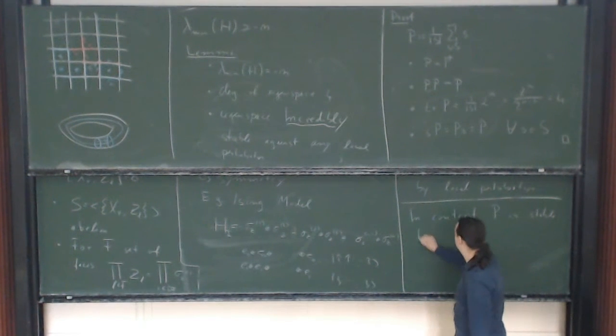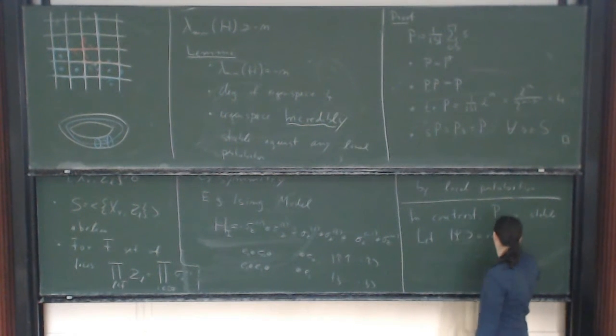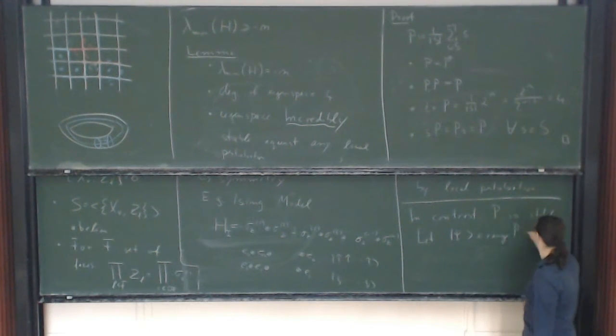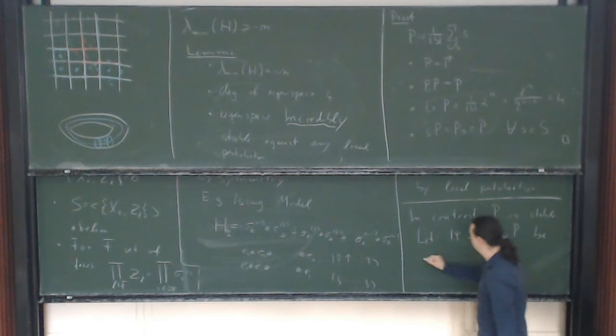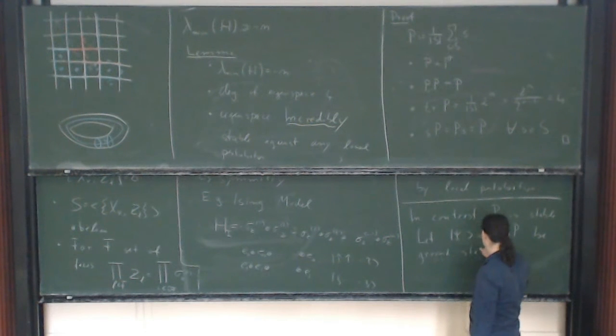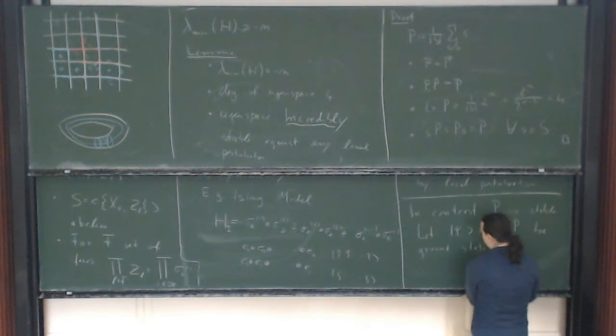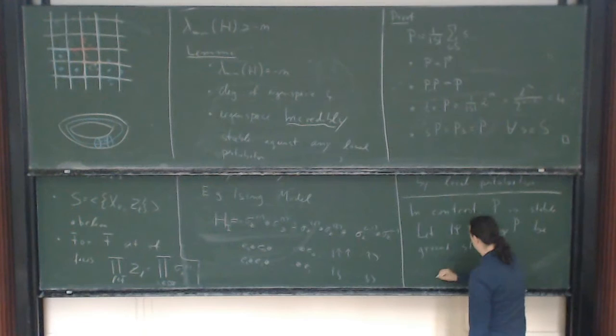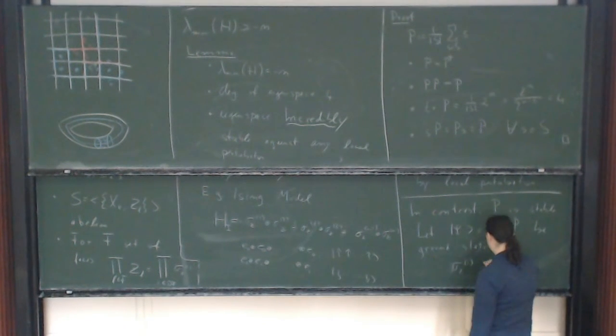Okay, so let psi in the range of P be a ground state, be one of them. What happens to sigma on the ith site acting on psi?